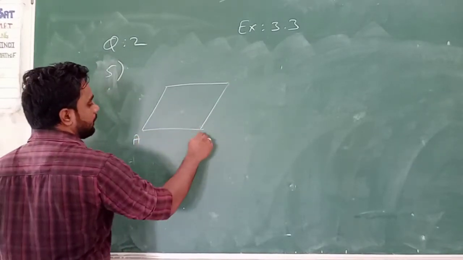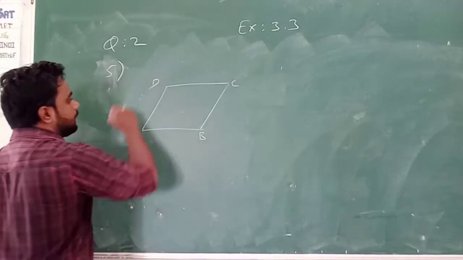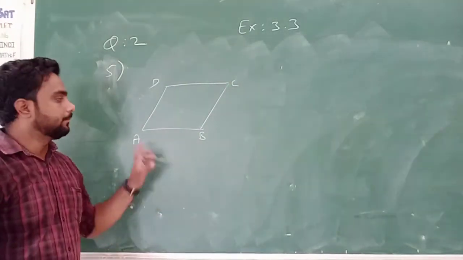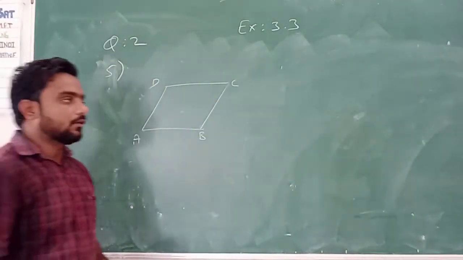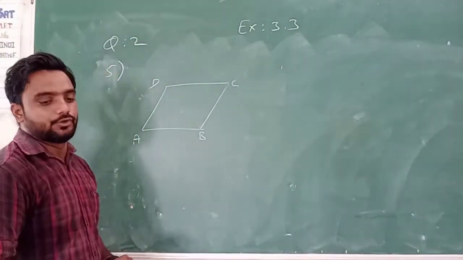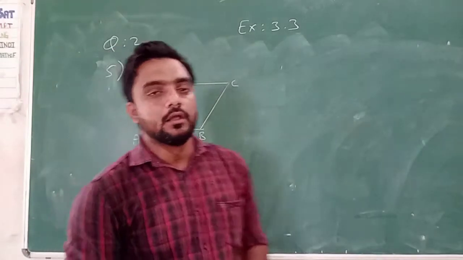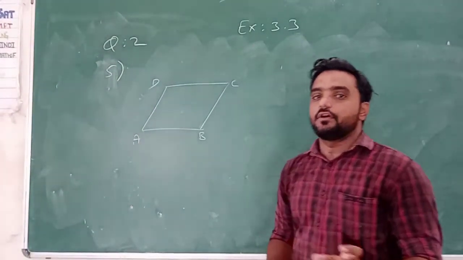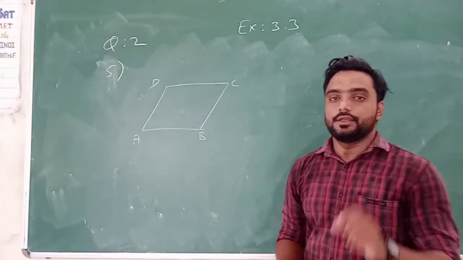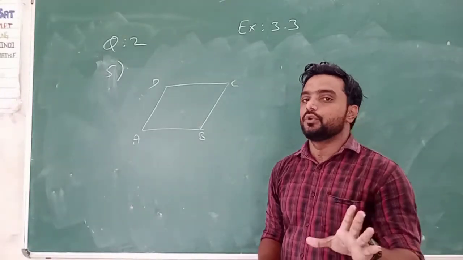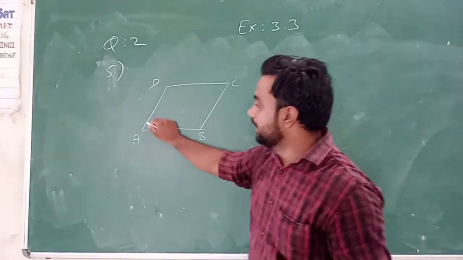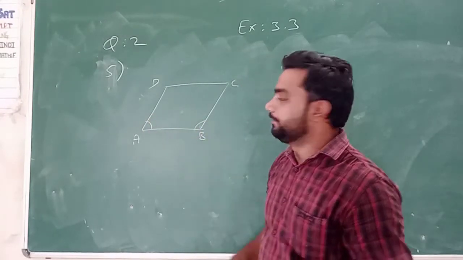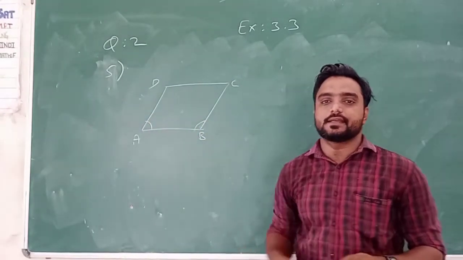Suppose I am taking a parallelogram ABCD. According to the question, the adjacent angles of a parallelogram are in the ratio 3:2. So I will take any two adjacent angles, suppose angle A and angle B. They both are adjacent angles of each other.